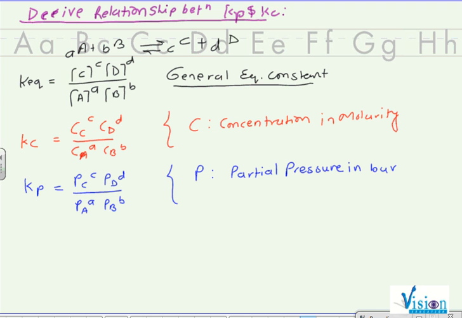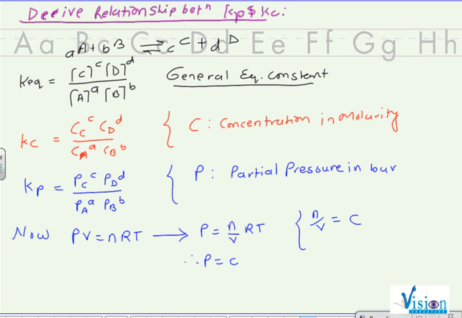Correct. Now, we have this relationship PV equals nRT, which gives us another relationship: P equals n by V into RT, and we also know n by V equals concentration in molarity, moles per volume. So, therefore, P equals CRT.